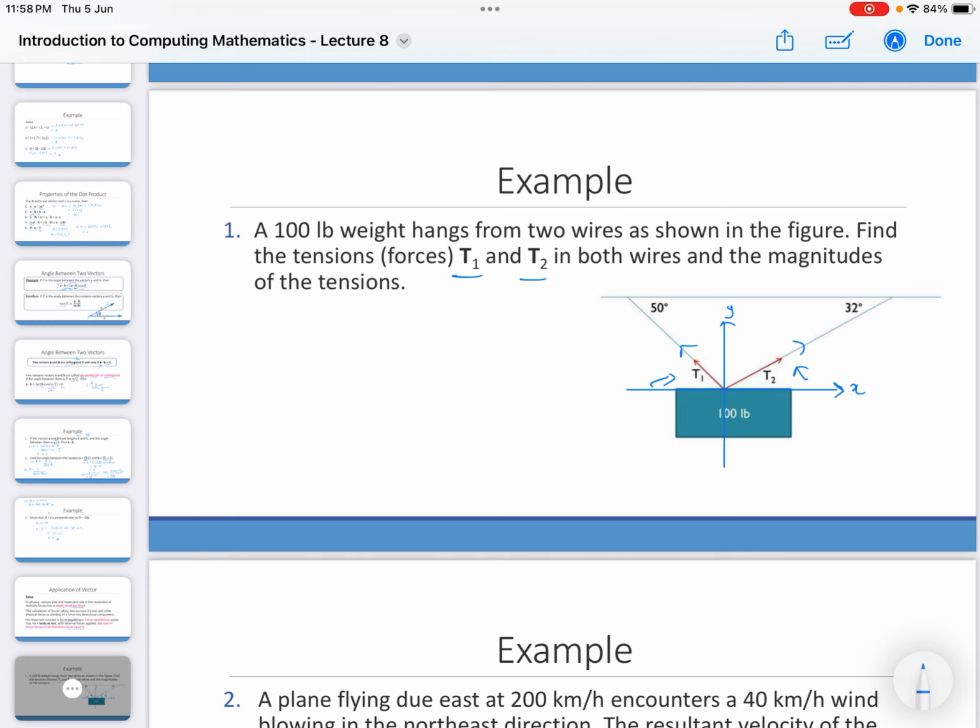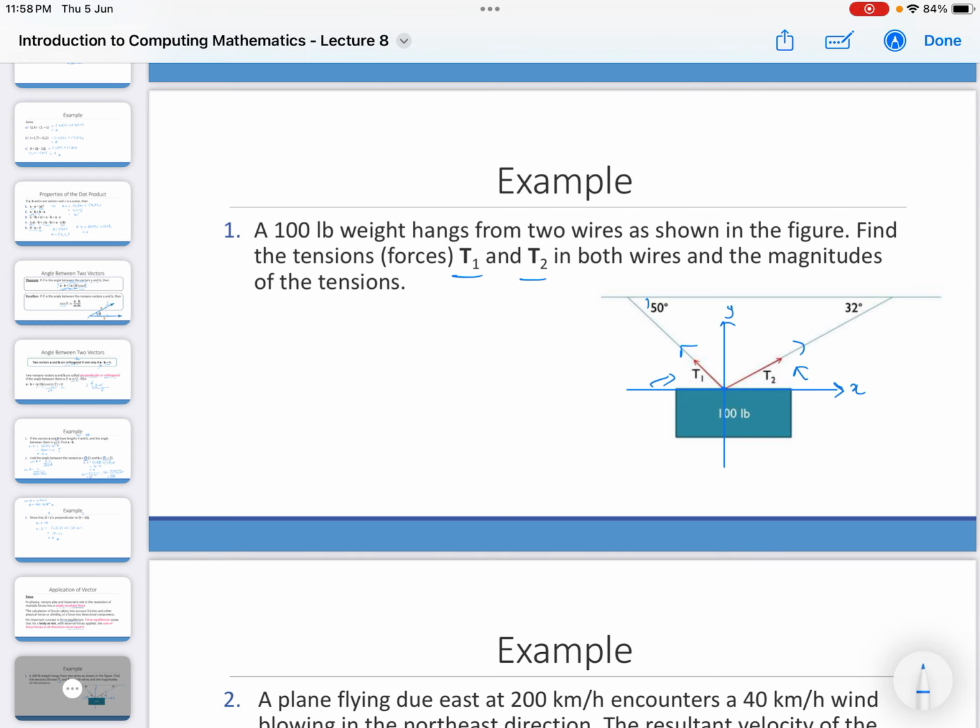So if you look at this, we have the T1. The initial point of T1 is at the origin, and the vector T2 also has its initial point at the origin. That's why we draw this X and Y plane in this way, to make it easier.